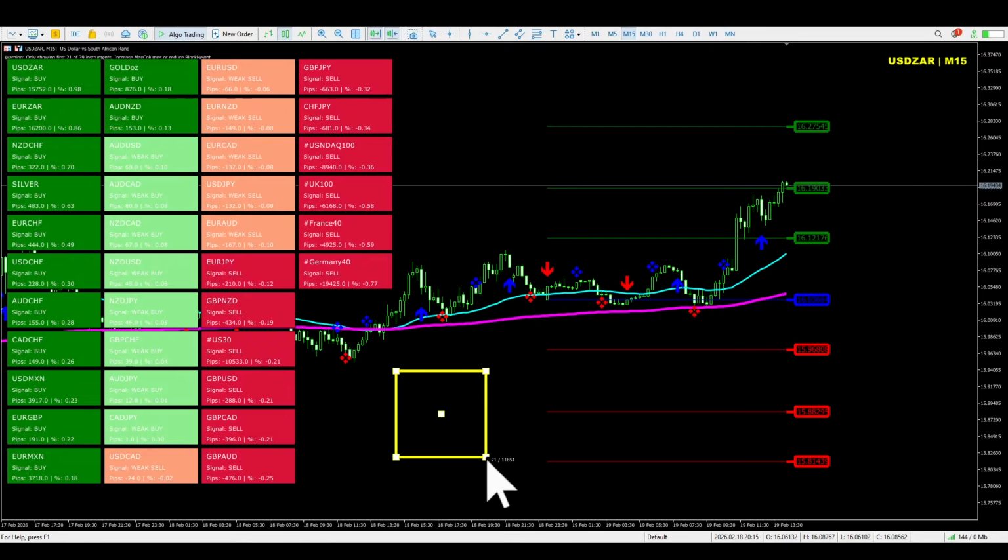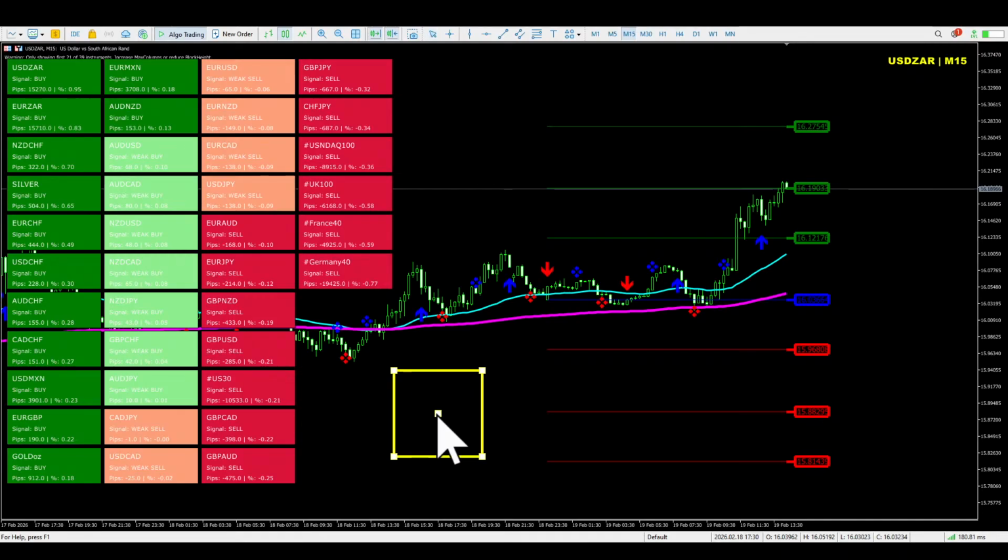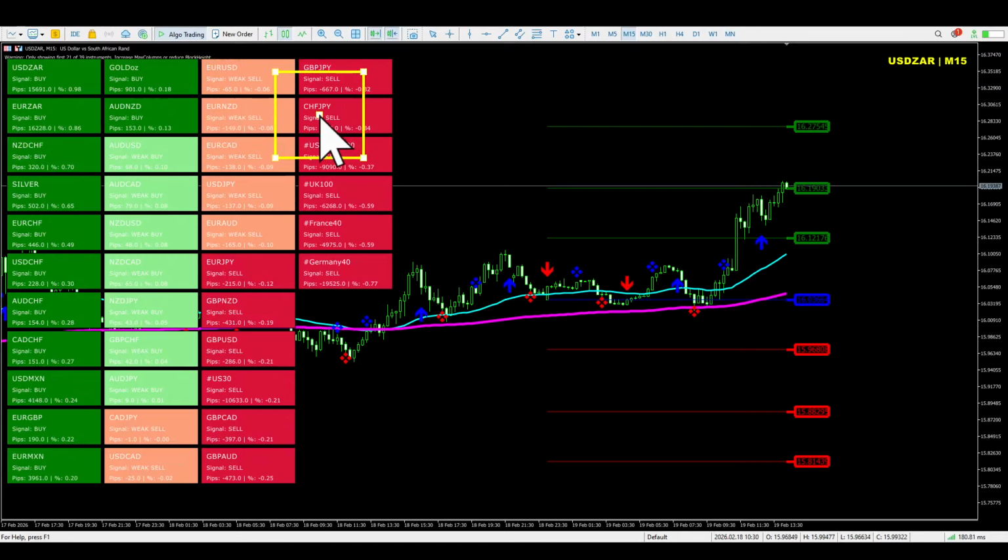So let's talk about how to find a buy trade, a buy signal. What are we looking for when we are looking for a buy signal? Number one, you're going to look at the market scanner right there, and the system already highlights where the potential signals will be.